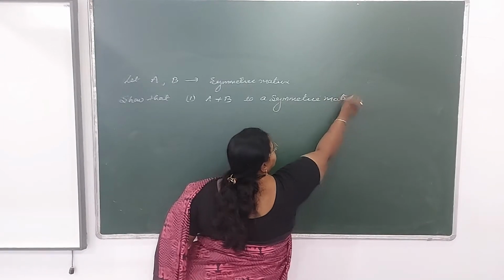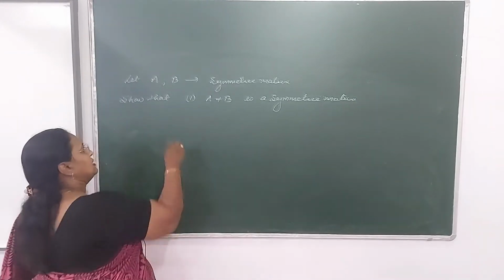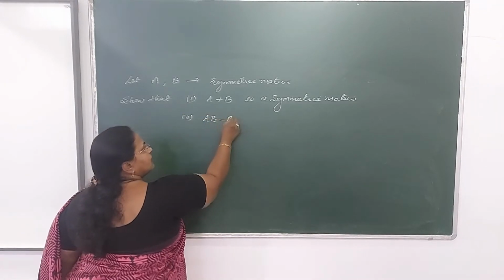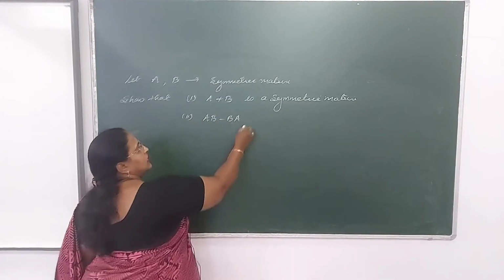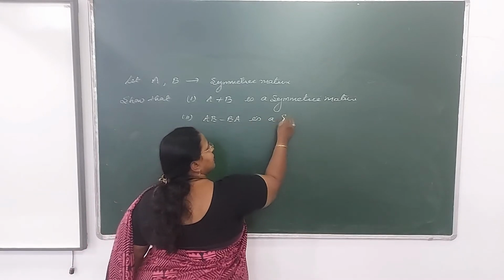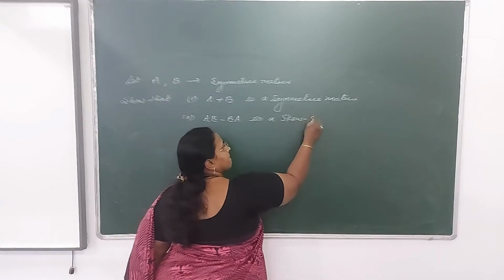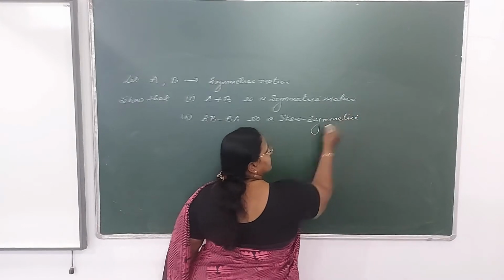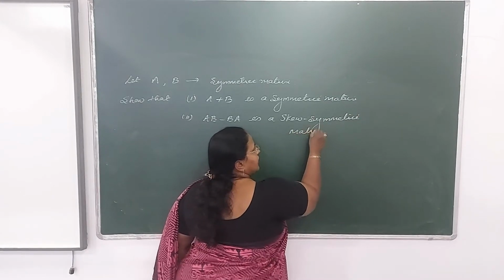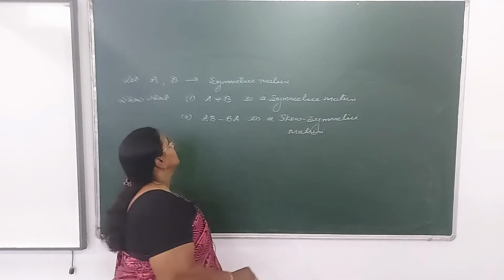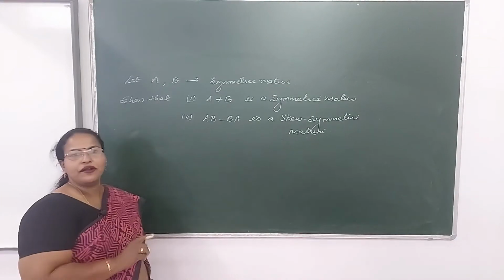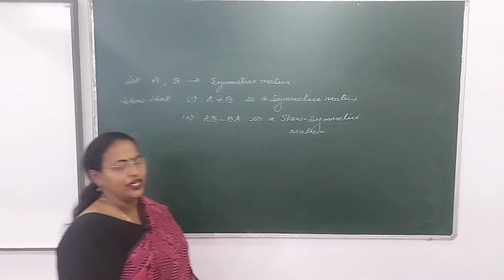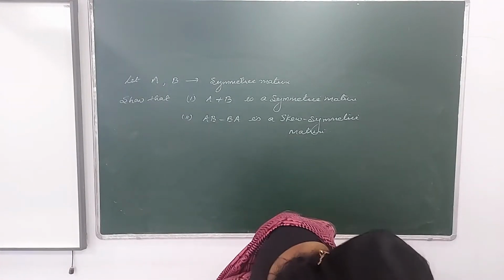And the second, show that AB minus BA is a skew symmetric matrix. Okay, let me repeat it again. The question: let A and B be symmetric matrices of the same order, and these two things you need to prove.